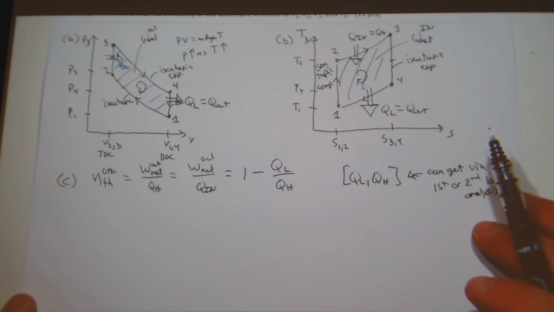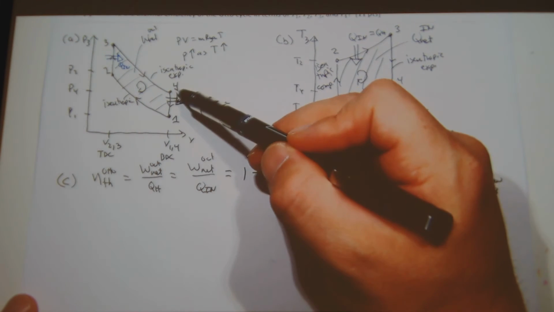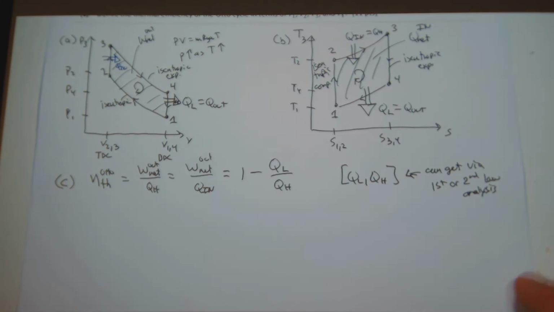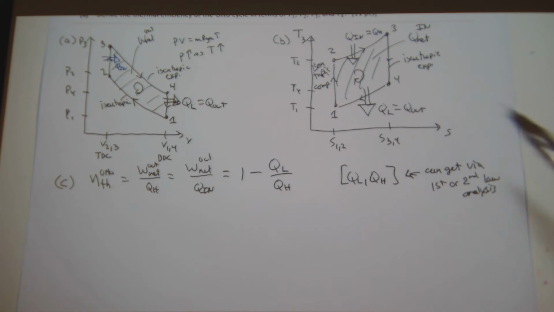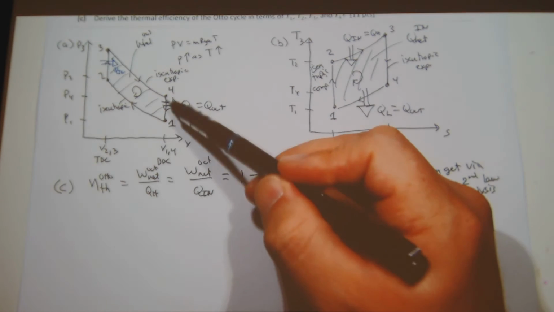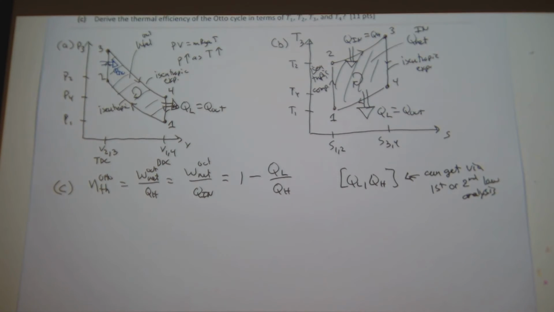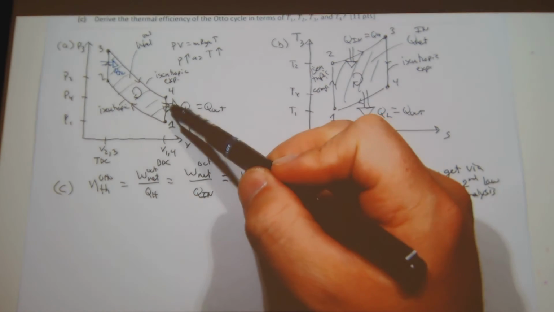So if I look at this, QL, Q out, that's from 4 to 1, I have heat rejection. Constant volume, heat rejection. Four to 1, change in temperature, change in entropy, heat rejection. So based on the fact that this is constant volume heat rejection, what is the area under the curve?